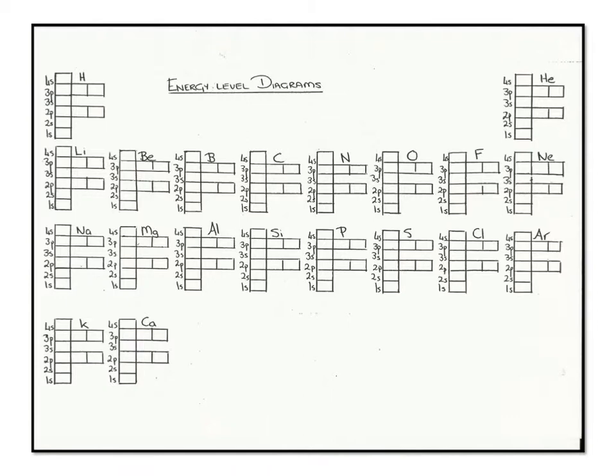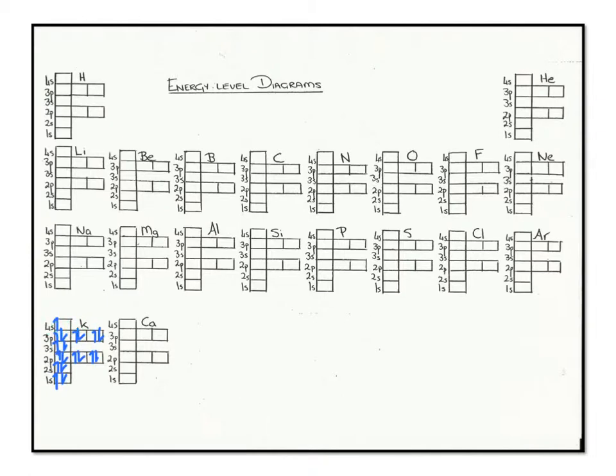So let's say potassium. 1, 2, 3, 4, 5, 6, 7, 8, 9, 10, 11, 12, 13, 14, 15, 16, 17, 18, 19. That's potassium. Notice that it is in the fourth period and therefore it has the fourth energy level electron.